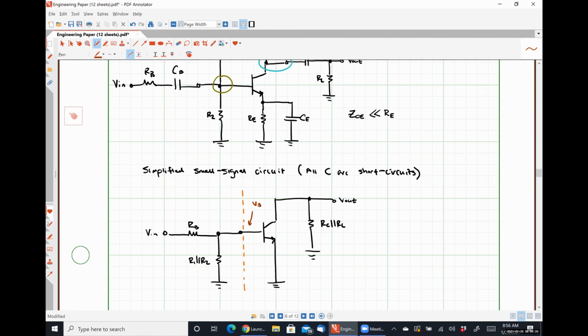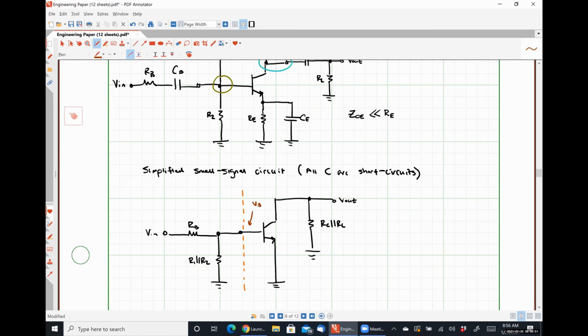Because it looks like a common emitter amplifier, except that now we have two resistors in parallel as RC, our output resistance, in series with just some voltage divider network, which would be pretty trivial to figure out. Anybody got any thoughts, comments, concerns about looking at the circuit in that way?